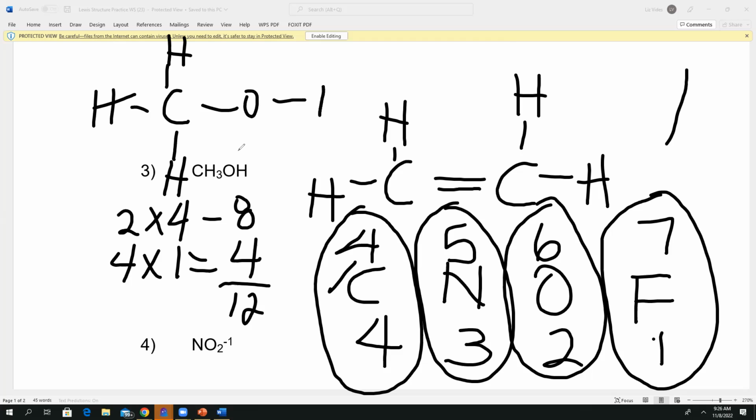Oxygen making its 2 bonds. So it kind of tells you how to put things together if you look at that. You notice carbon made its 4 bonds, nitrogen made its 3 bonds, and oxygen made its 2 bonds. And of course, fluorine, chlorine, bromine, all of them make 1 bond. So there you go. All right, so we are finished with this.